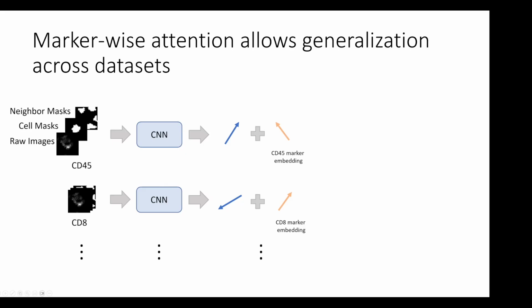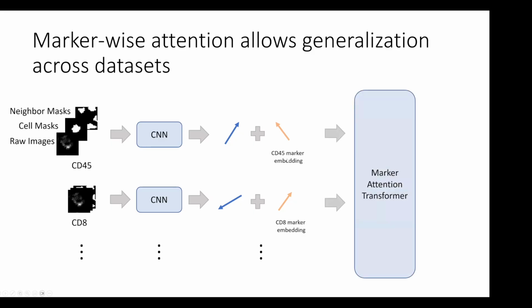But the core idea is the same: you have this embedding model generate these feature vectors, and then you add them together. The end result is you now have a vector that's aware of what the image for that cell looks like, and also semantically what that marker was.